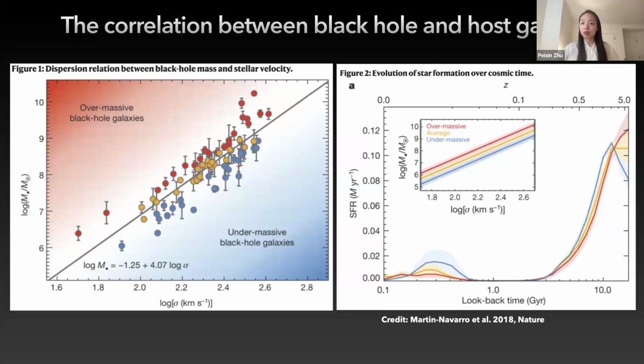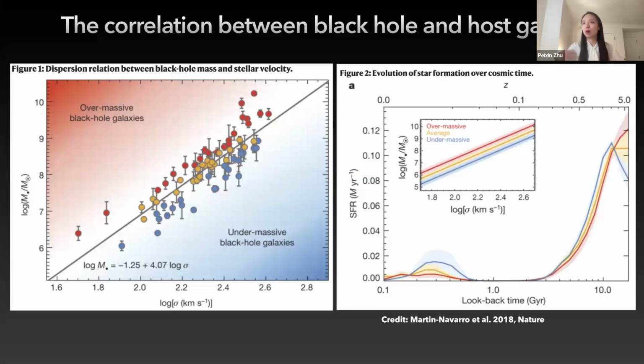And as you can see, there are a lot of gray dots in the Seyfert region, so there is a large portion of galaxies that host actively accreting black holes.